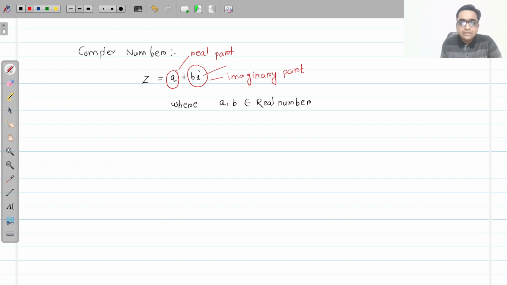Where i is the imaginary unit, or the square root of minus 1, having the value square root of minus 1.